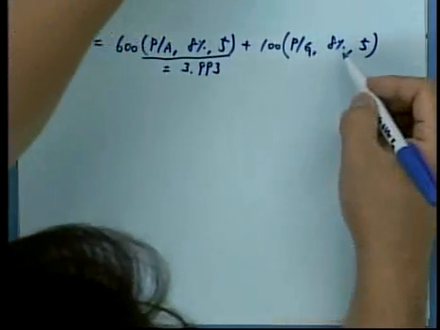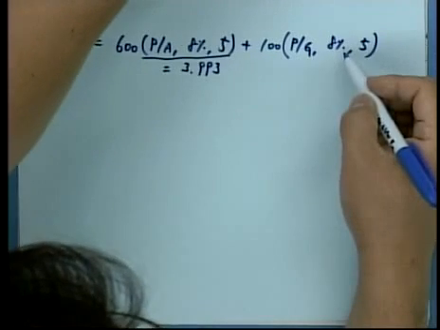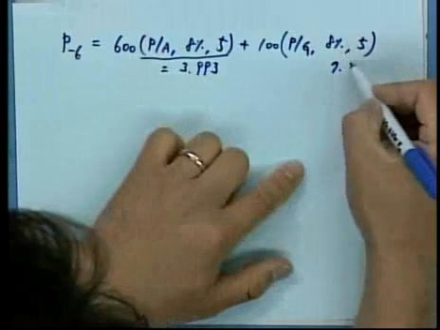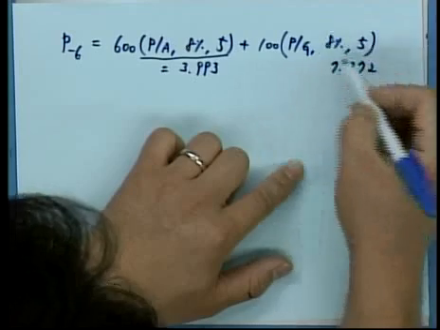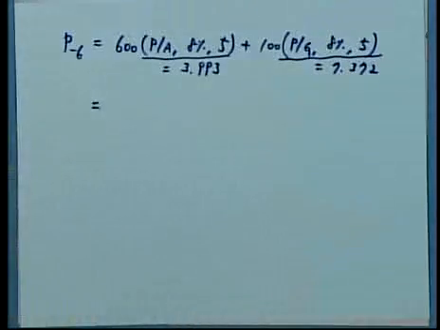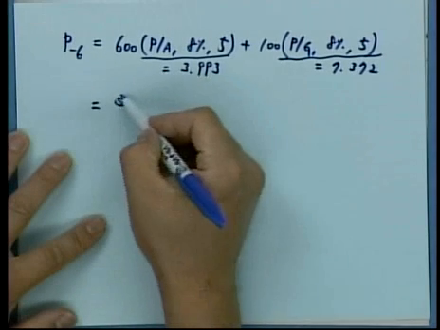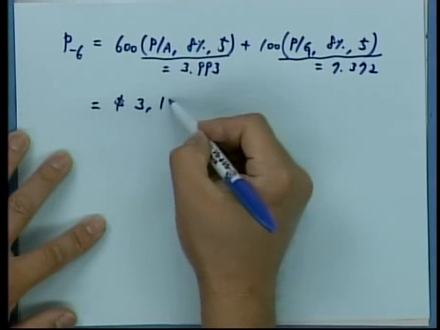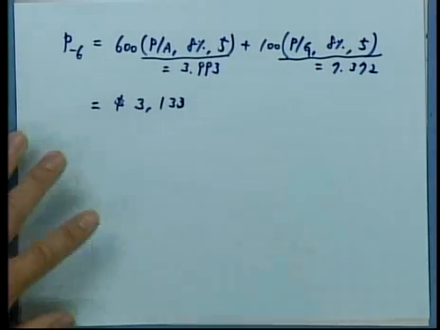And P given G over 5 periods is 7.372. So what is the value of P sub negative 6? That is $3,133. Okay.